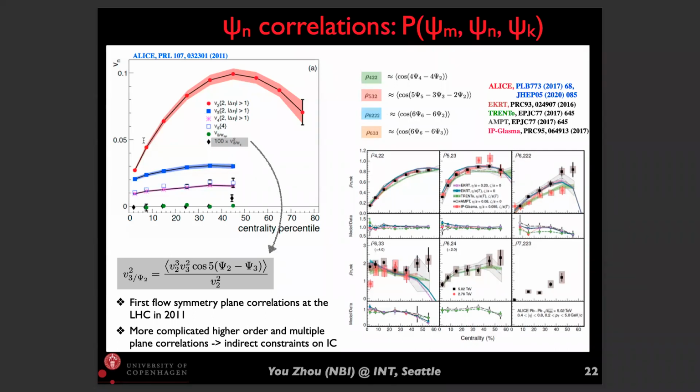In central collisions, centrality 0 to 10%, the value is very small, which means psi2 and psi4 are almost uncorrelated because the overlap region is nearly round. So psi2 and psi4 are not aligned with each other. And if you go to more peripheral, you have this almond shape. Then psi2 will start to align with psi4, and you start to see a very strong correlation, which is very close to 1.